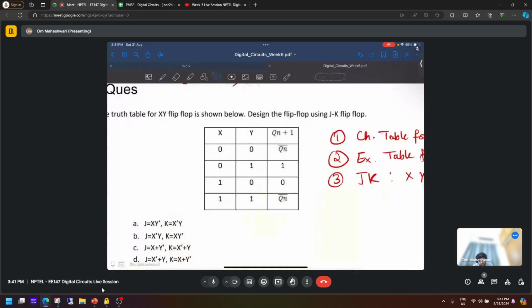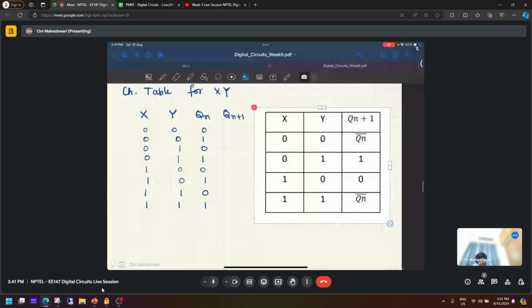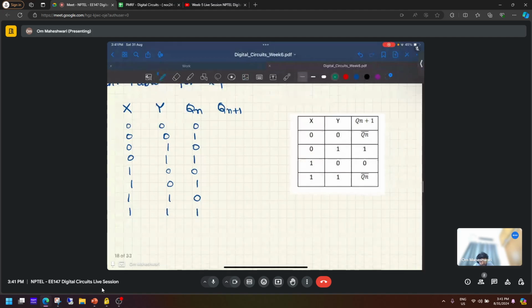When the input is 0 0, the output is Qn bar.